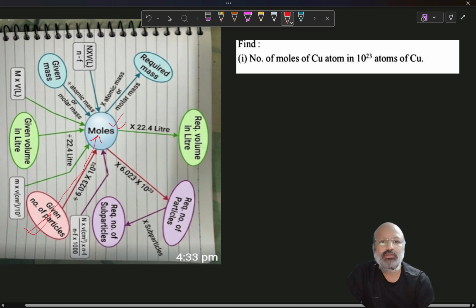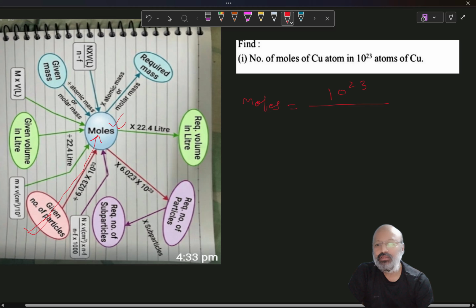So let me show you how to put all this data here. Our calculation is number of moles. Moles is equal to, you need to take the number of particles that is given, 10 to the power 23.